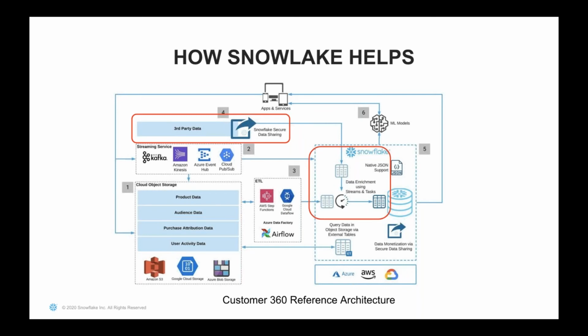That data sharing allows you to point out to a data provider's data set without actually ingesting that data into your account, but you can still run queries against it, similar to the external table, except the external location now is another provider's Snowflake account. And you're able to run streams and tasks against all of that to enrich that data and produce new table outputs within your Snowflake account that you can use for analysis in your Customer 360 application.